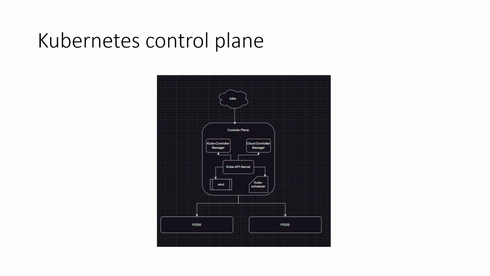The Kube controller manager runs several controller processes that are compiled into a single binary. These include the node controller that detects and responds to node failures, and the replication controller that maintains the correct number of pods for every replication controller object in the system.